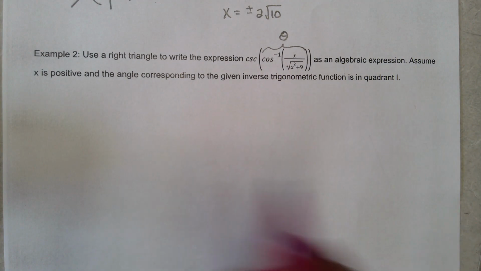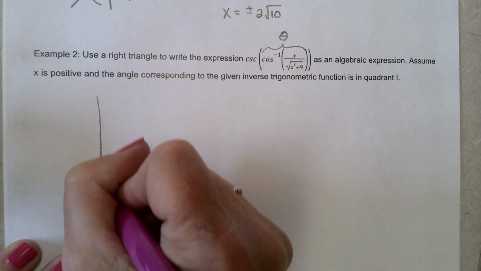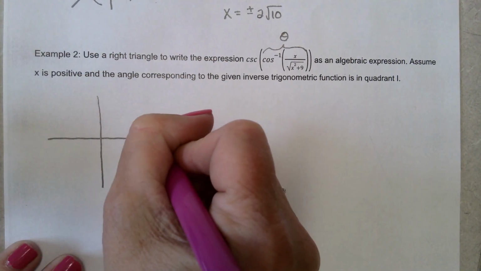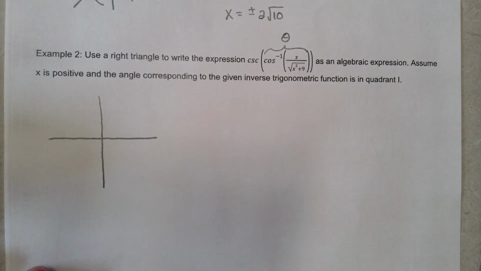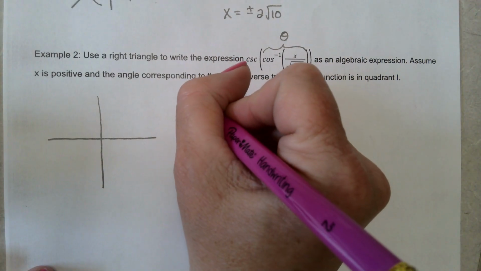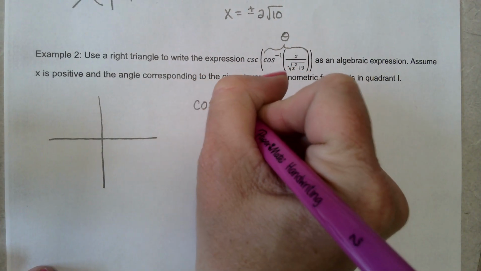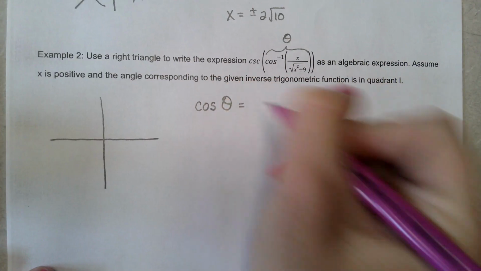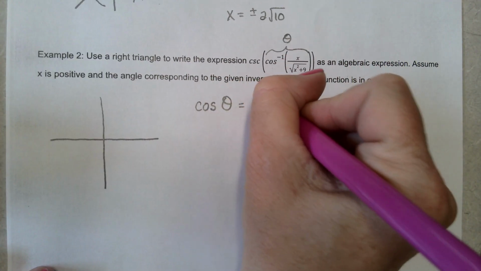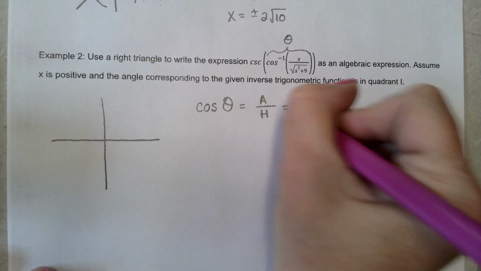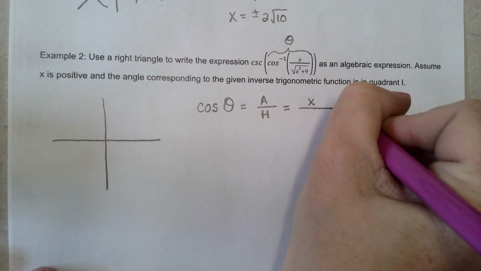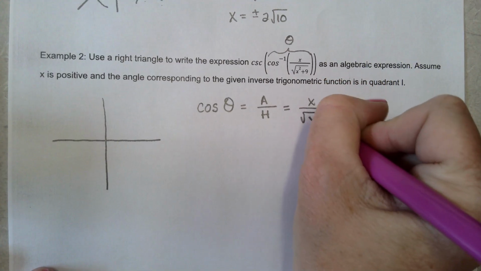And so what I'm going to do is draw in the coordinate plane a right triangle. I want to remember here my cosine of theta is going to be my adjacent over my hypotenuse. So that's given as x over the square root of x squared plus 9.